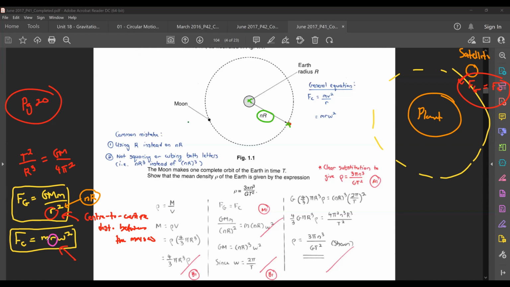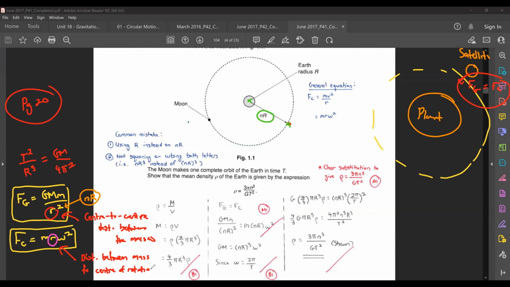When we talk about Fc equals m r omega squared, this is actually the distance between the mass and the center of rotation.